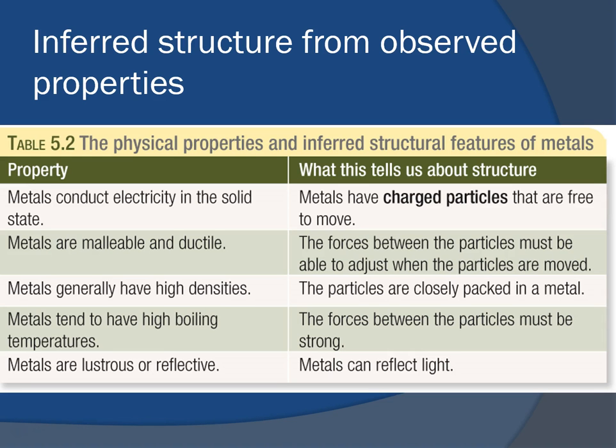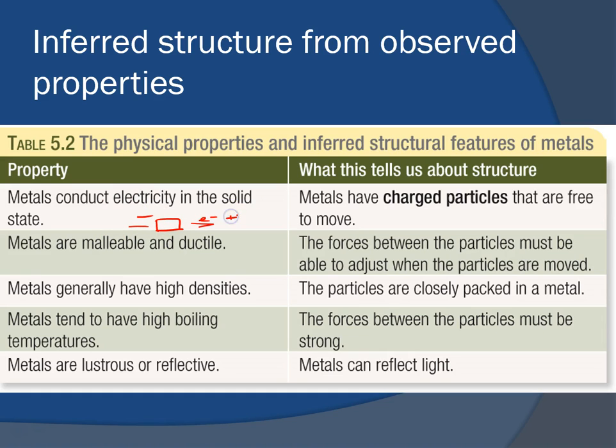So the properties that we can see in metals allow us to tell a little bit about their structure. We know that they conduct electricity in the solid state, so even as a solid at room temperature, they will allow electricity to pass through them if we connect a battery up.